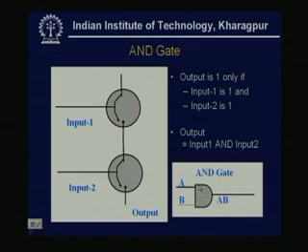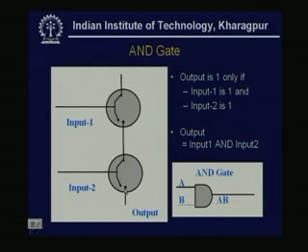This is normally called the AND gate. If it is 2 inputs, that means if both the inputs are 1, then both the switches are connected and the output is 1. Now, if any one of the switches is disconnected, then the output is 0.